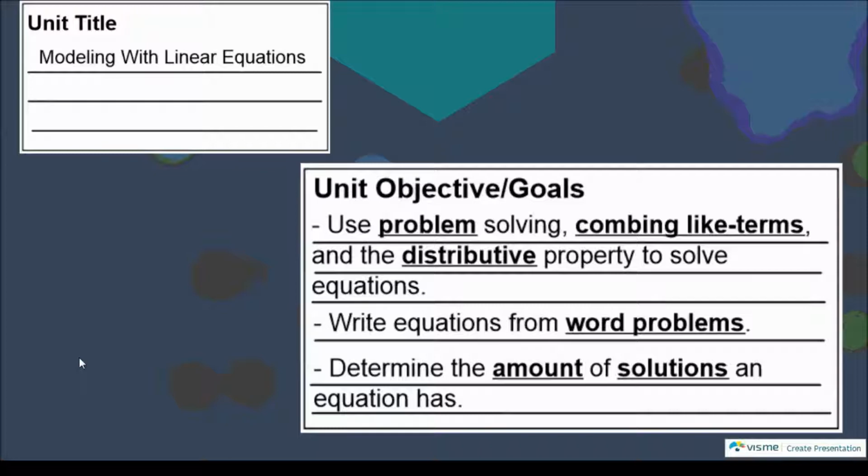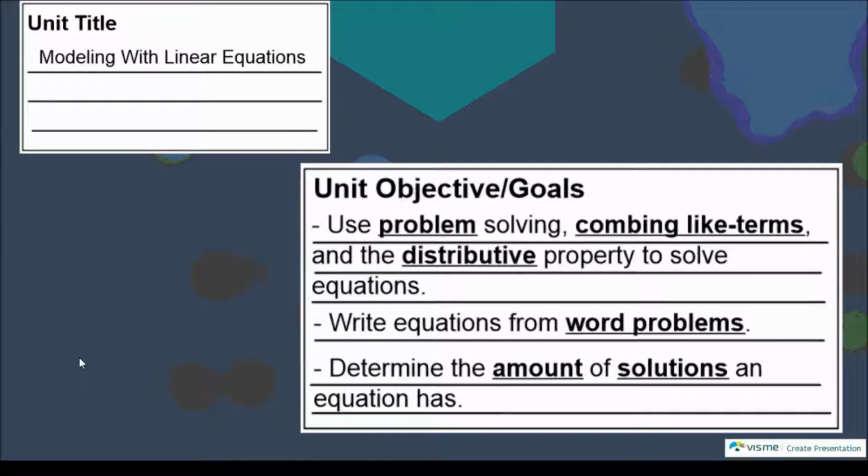Okay, so the first one says we're going to use solving and the property to solve equations. Okay, so we've talked about distributive property. We've done some problem solving. We've combined like terms, so that's nothing new. Let's go to the second one.